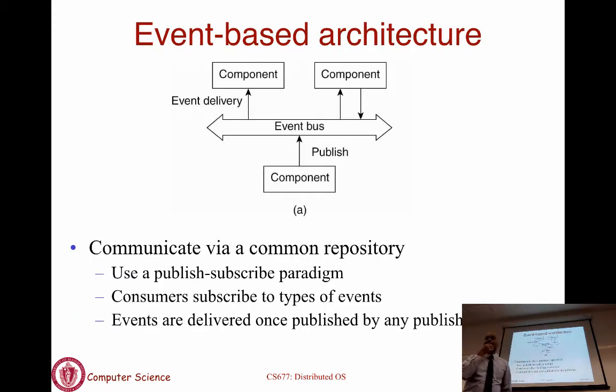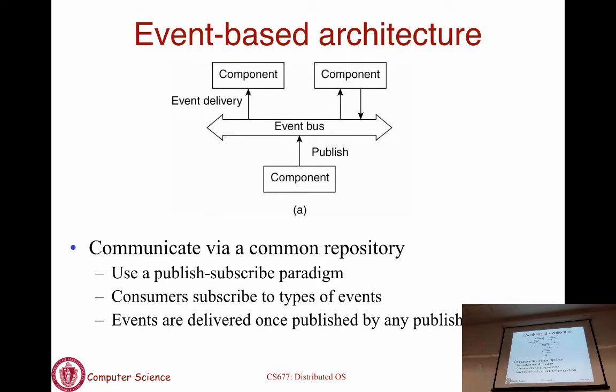The third architecture, maybe you have seen instances of the first two, but this one is popular but not that common in simple systems. You use these kinds of architectures for designing more complex distributed systems, and this one is called an event-based architecture. In this case, you have components.